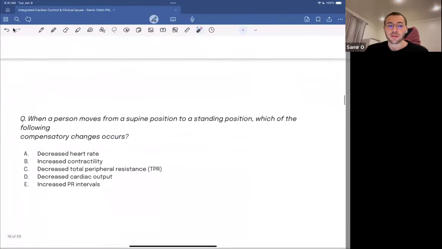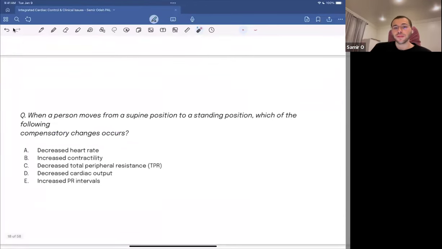Okay, now we have another question. When a person moves from a supine position to a standing position, which of the following compensatory changes occurs? I'm going to give you guys around 30 seconds just to answer this.